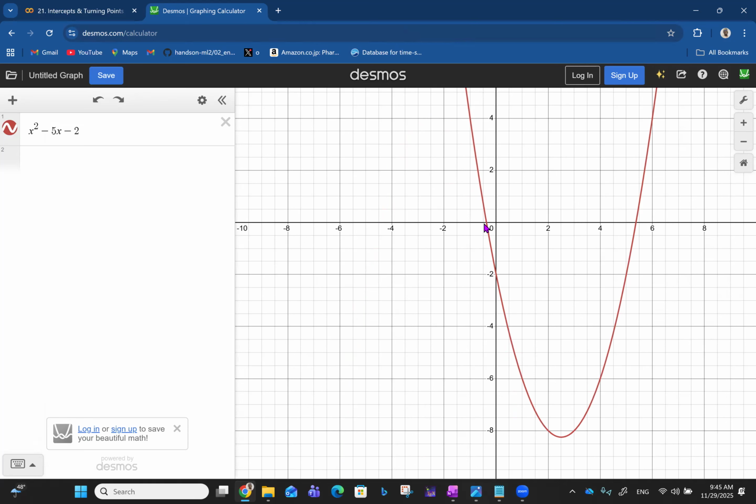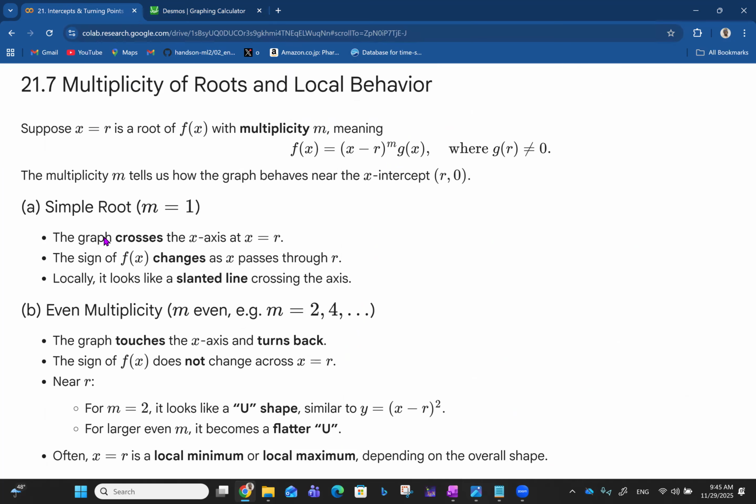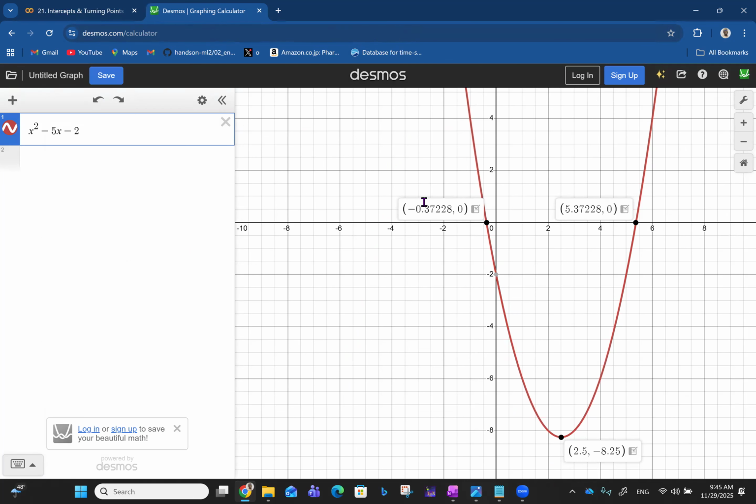This one, we have the two roots here. All the roots are real, as we can see, and we have a single turning point, which is a minimum point, by the way, right? Each root has multiplicity of 1, so the graph crosses the x-axis at x equals r. The r here is minus 0.37288 for this first one.